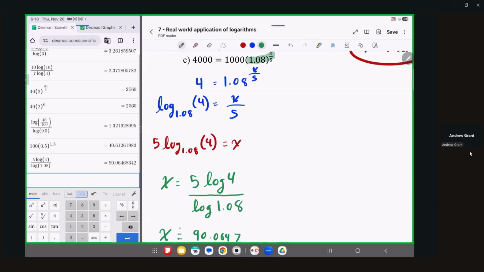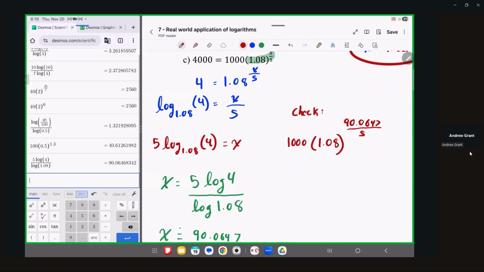And so if you were so interested, we could sub this into our equation to verify that this is correct. So in terms of a check, we want to confirm that 1,000 times 1.08 to the power of 90.0647 over top of 5 is about 4,000.